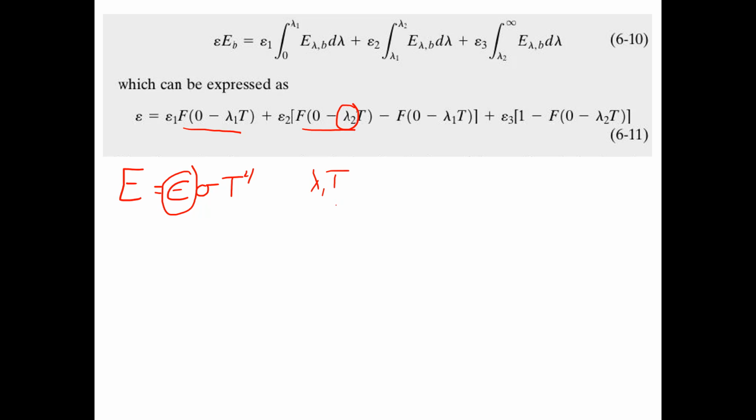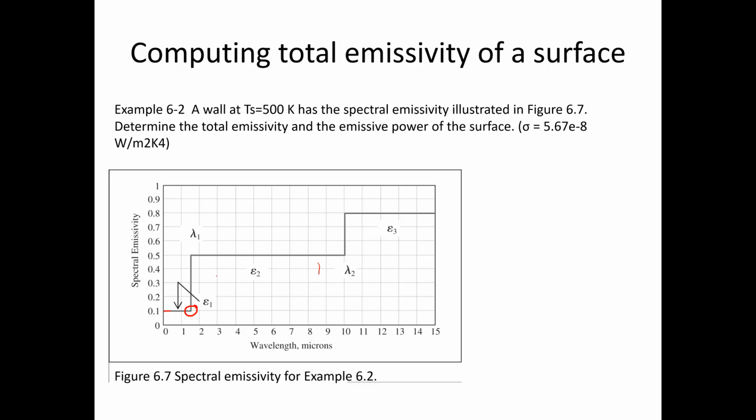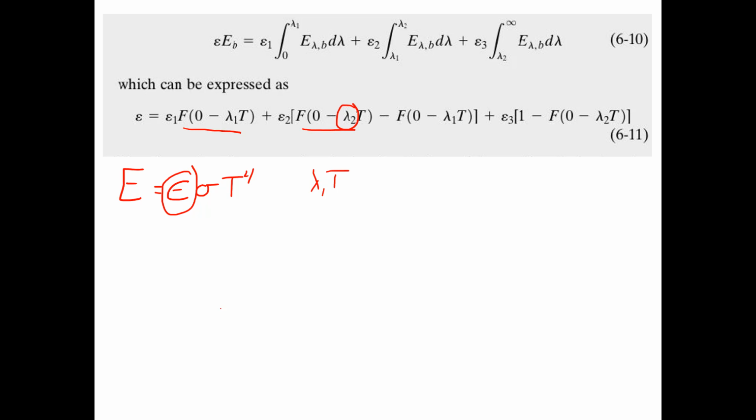Again, if I'm going to use those charts, I have here three ranges of wavelengths, and I'm going to start by looking at the intermediate wavelengths in terms of the thermal energy percentage from the chart. So I'll go ahead and compute lambda 1T and lambda 2T.